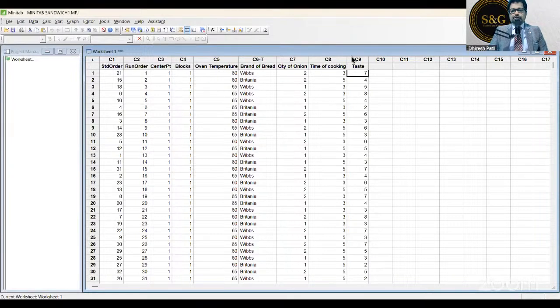Okay, so this is how they have basically done this experiment. Clear, everybody? So once it is done, then we are ready for the analysis of the experiment.